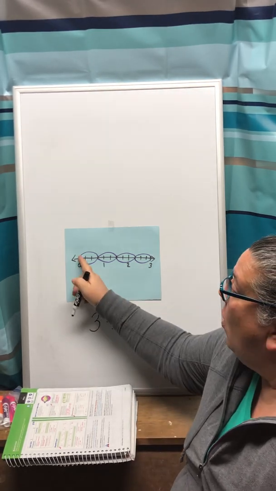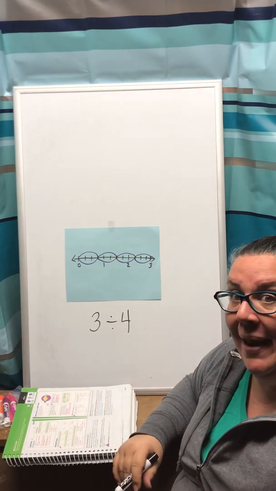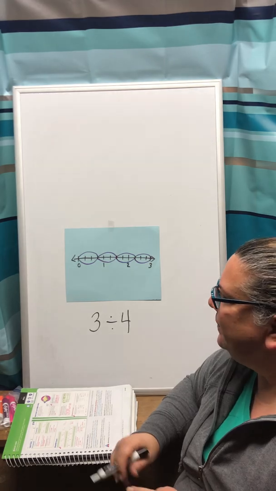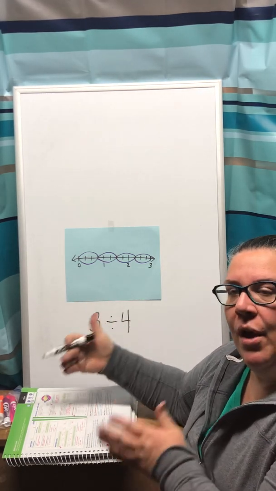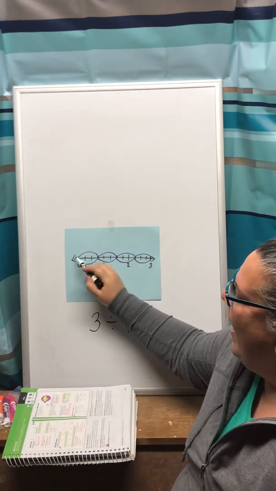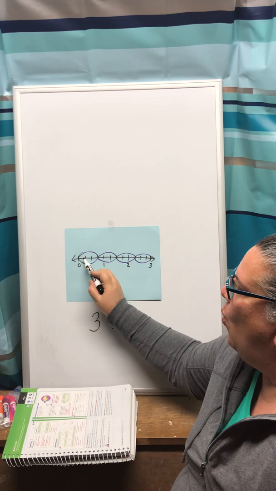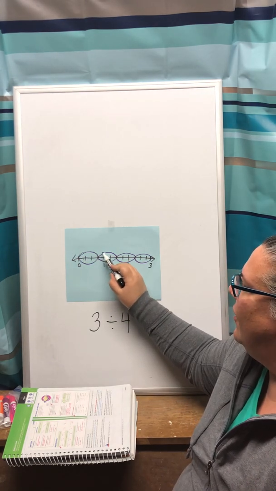So when I look at all of the lines that make up that whole, I'm jumping 4 different times. So you have to figure out where I'm jumping so that I can evenly split that up 4 times. So they went from here to here. So we went 1, 2, 3 lines. Then we went from here to here.